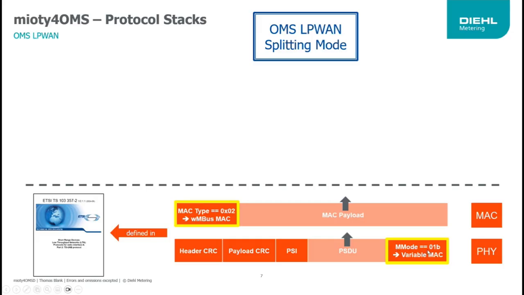It's a 2-bit field, and if this is set to 01, then it introduces the variable MAC on the MAC layer level. That means this MAC layer has just one byte, the so-called MAC type byte. This is identifying which kind of variable MAC is applied. And in this case, it's the wireless MBUS MAC layer that is introduced with this MAC type 02.